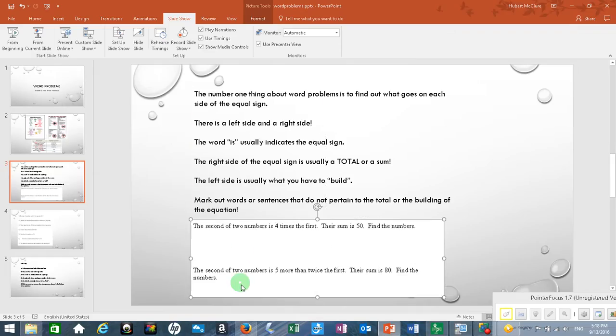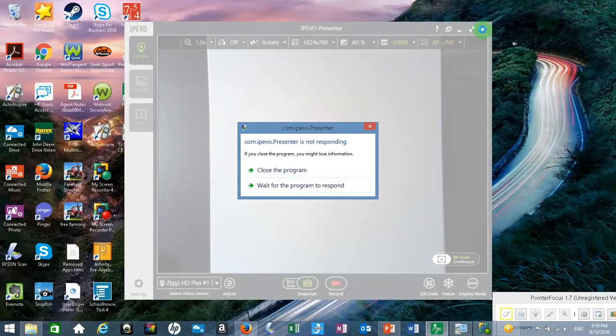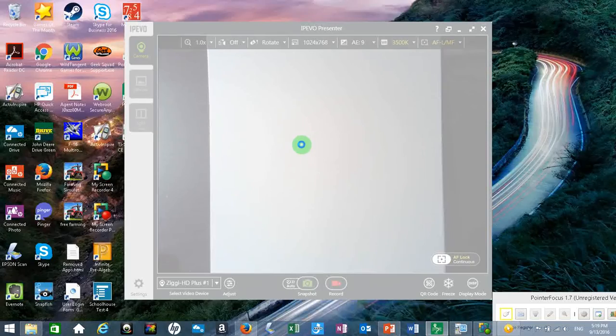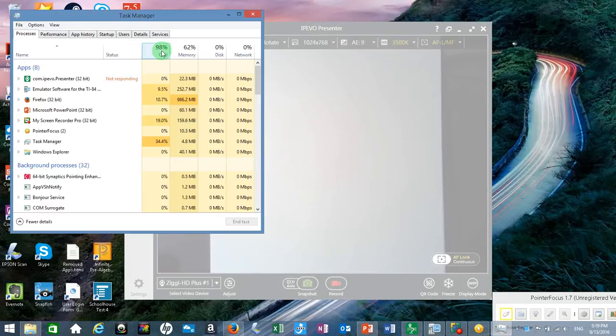Oops. So, I'm trying to get back to the camera so you can see, and I don't think this is going to work. So, hold on just a minute. Let's see if I can get that thing to quit so I can restart it.